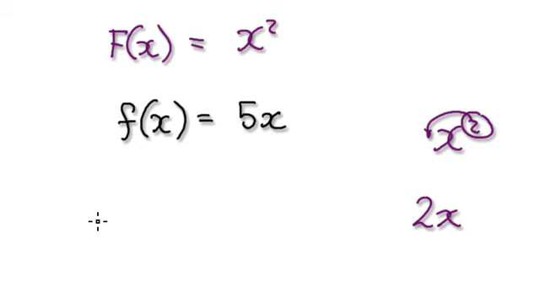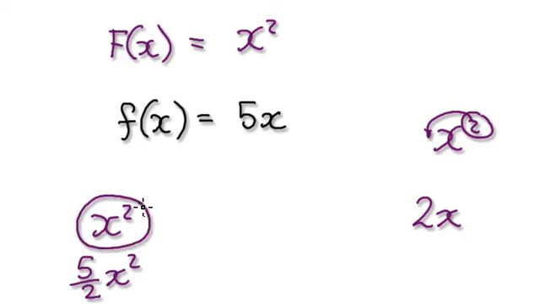So you start out with your guess x squared. When you differentiate this, the 2 will come out here. But in order to create a 5, you would have to adjust this coefficient.